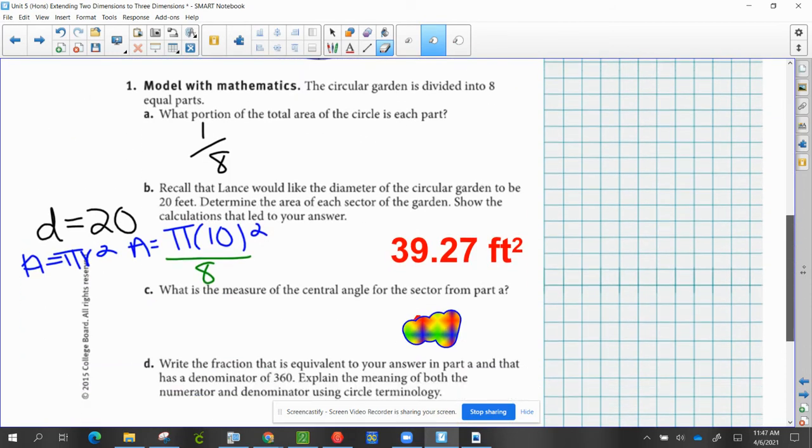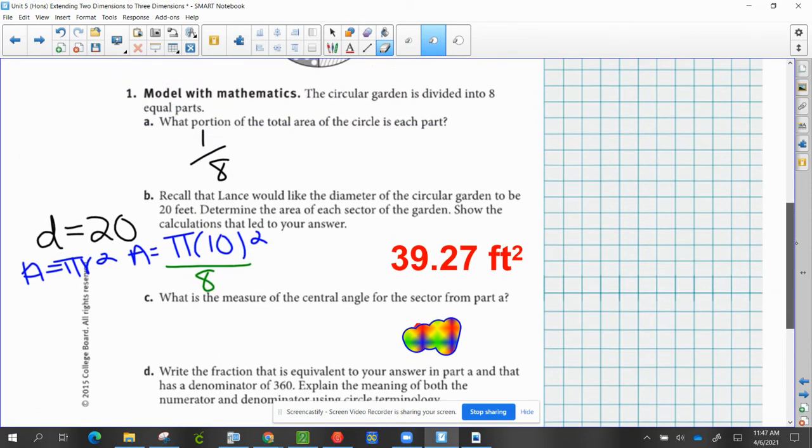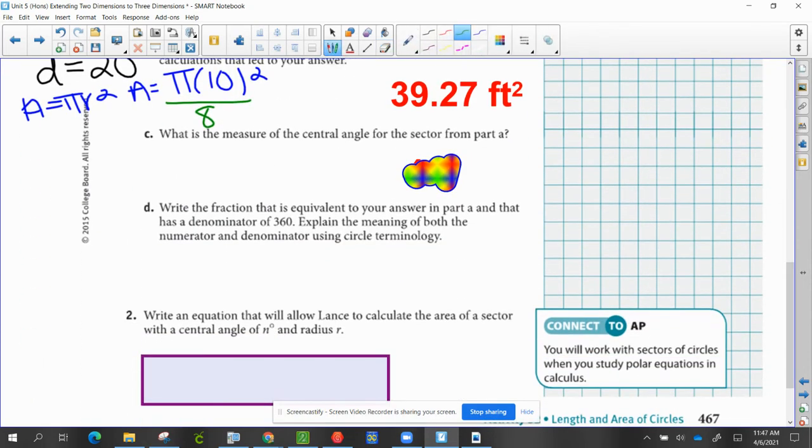Moving down here, it says, what's the measure of the central angle of the sector in part A? Now we know these are all the same triangles here. They're all regular triangles there in your circle. So if it's divided into 8 parts, well, we know a whole circle is 360 degrees. If we divide that circle into 8 parts, what's the measure of one central angle then?